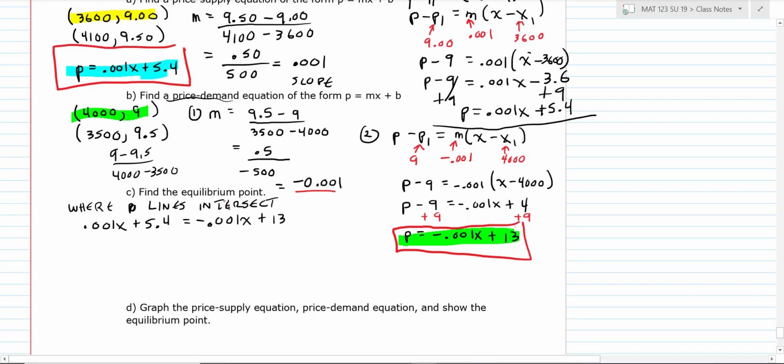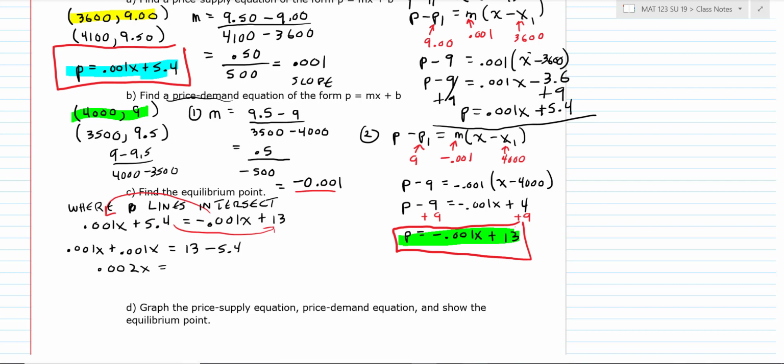So then I'll move the x over there, move the constants over here, just rearrange. So we would have 0.001x plus 0.001x equals 13 minus 5.4. Those are like terms. That'll add to 0.002x.